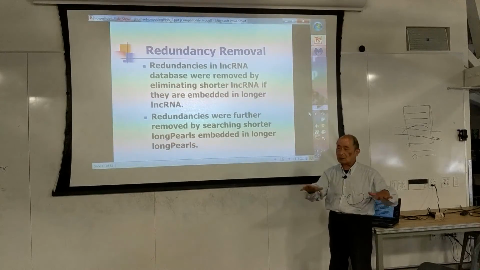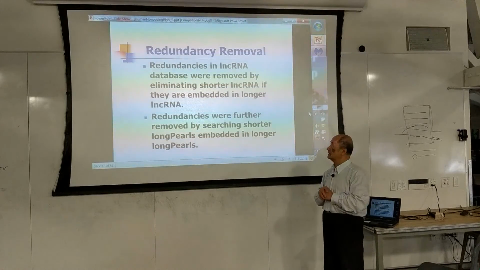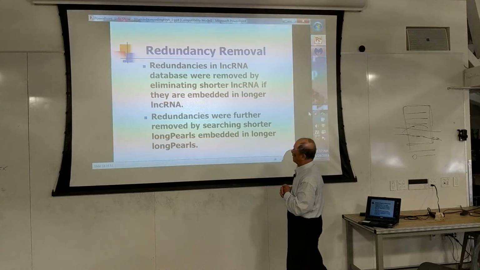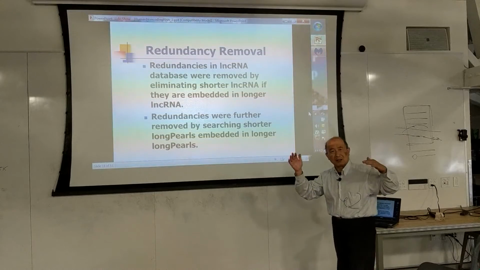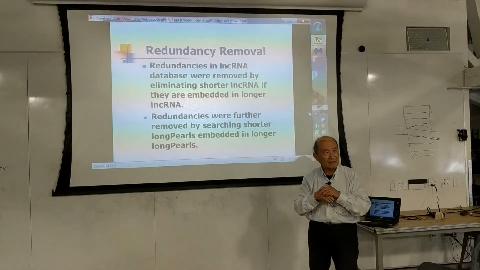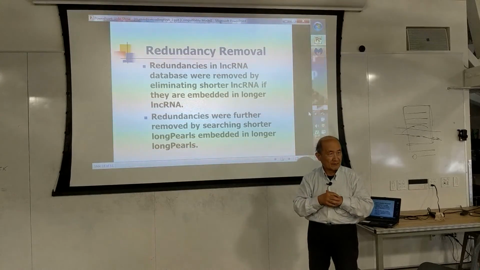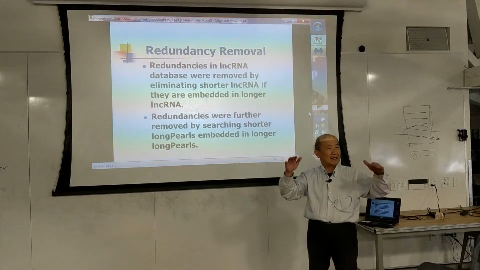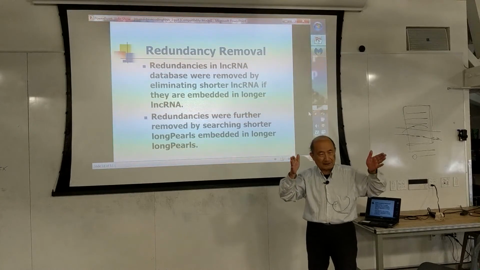Okay, so I go into the pair file and try to identify redundancies in the pair file. So this is another level of redundancy removal. Similar to what I did in the long non-coding RNA data file, I look at all these long pairs, sort them according to their length, and then look for shorter pairs in the long pairs.